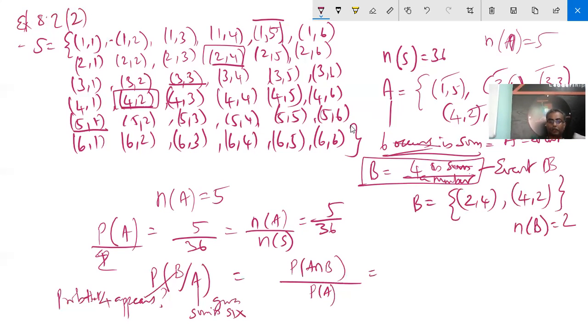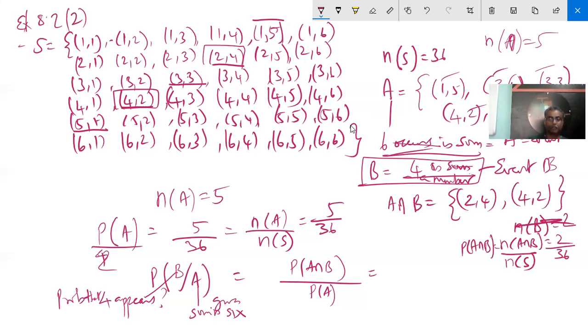So this is A intersection B. So n of A intersection B is equal to 2, so P of A intersection B is 2 by 36. P of A intersection B divided by P of A will be 2 by 36 divided by 5 by 36. Cancel 36, you will get 2 by 5.